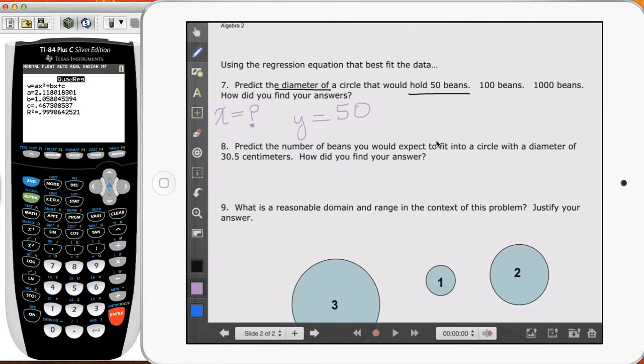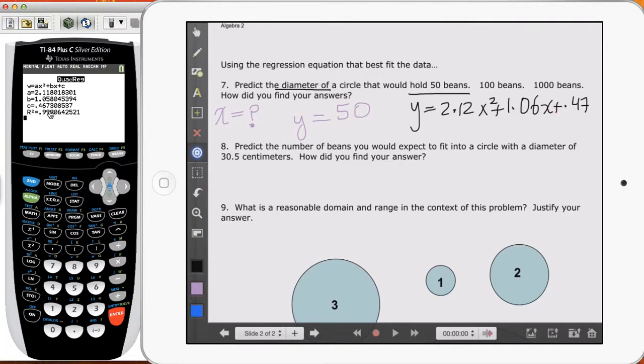How can we do that? There's one way to do that. Basically, let's use the calculator. The reason behind that, since we know that this is a quadratic equation, let's write it down. It's y equals 2.12x squared plus 1.06x plus 0.47. Now, if y is given, then you need to plug in 50 for y, and then you have an x squared and x to worry about.